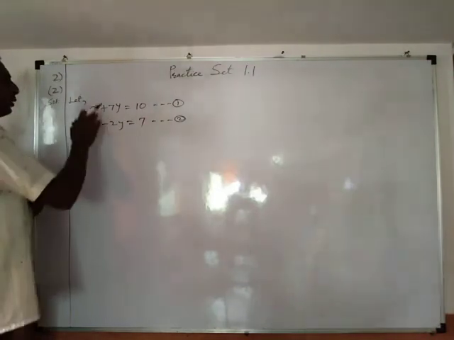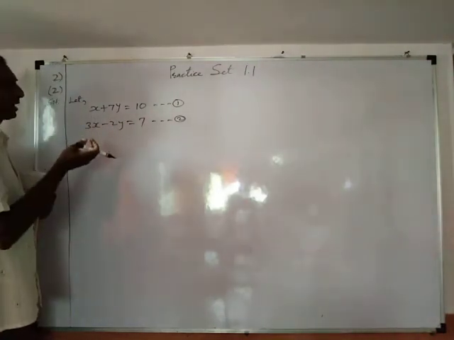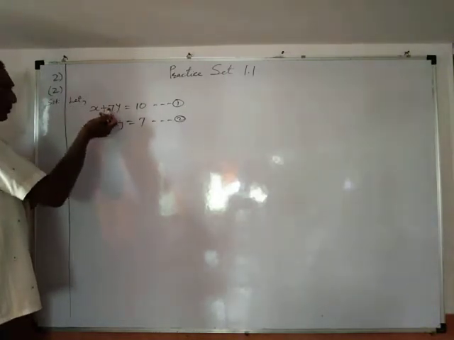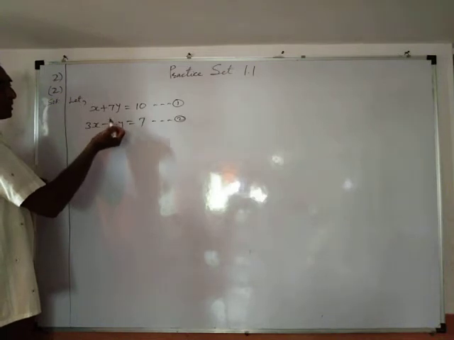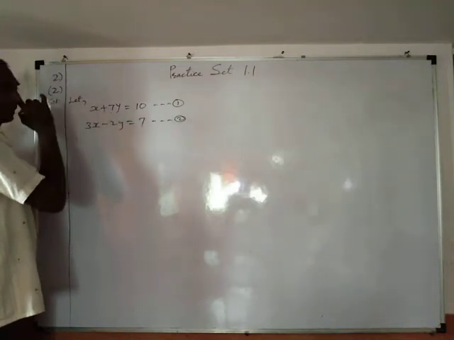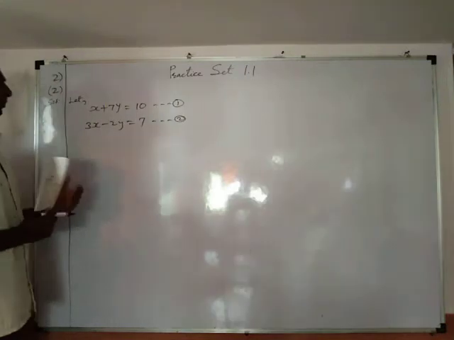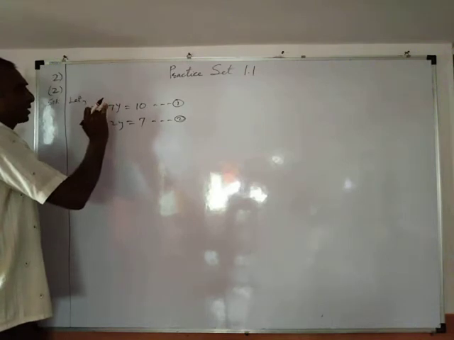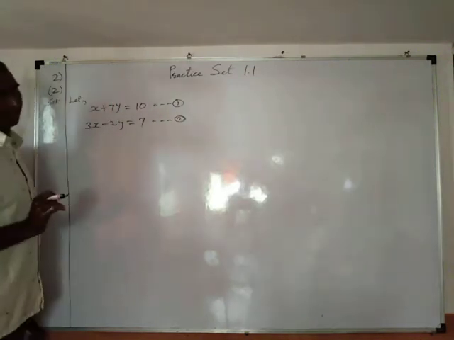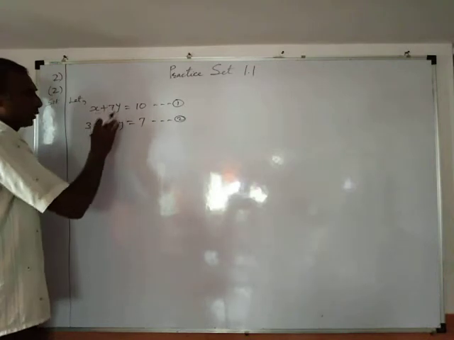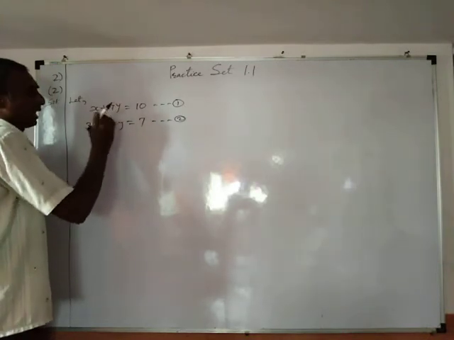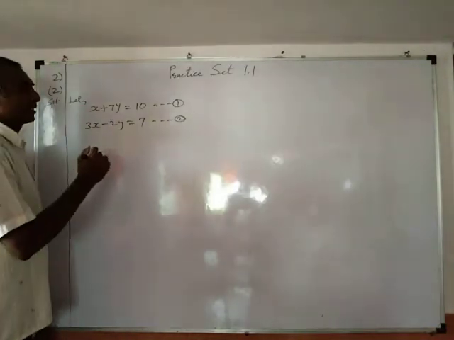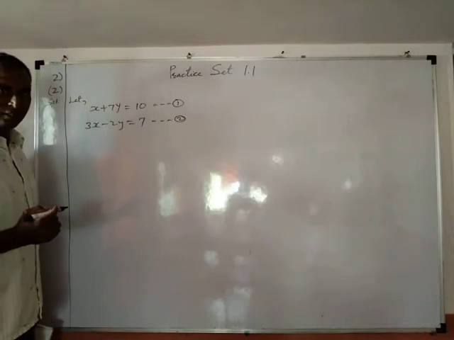Now, neither the coefficient of x nor the coefficient of y is the same in this case, but the sign of the coefficient of y in the first equation is positive, while that in the second equation is negative. That's why it is better to multiply equation 1 by 2 and equation second by 7 to equalize the coefficient of y. 7 2s are 14, or 2 7s are 14, and then we will add these two equations to vanish the term containing y.